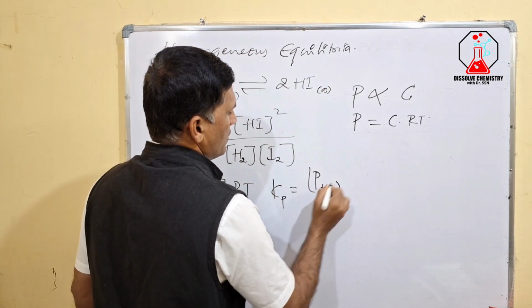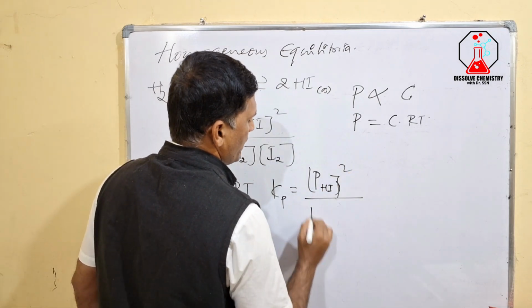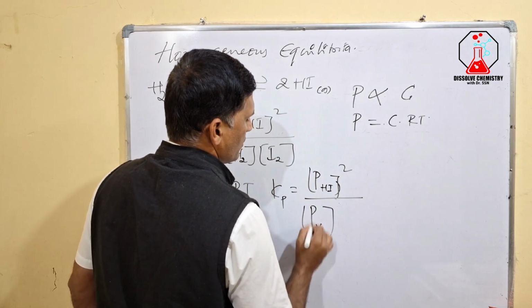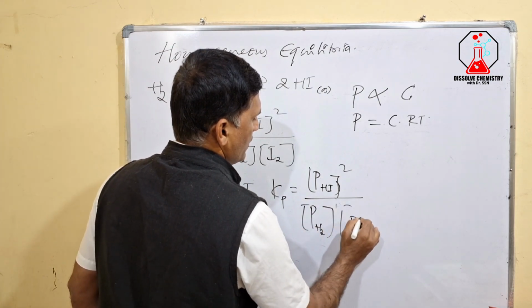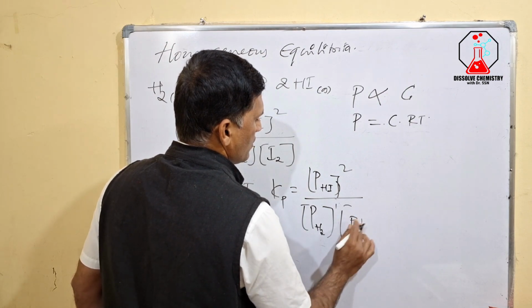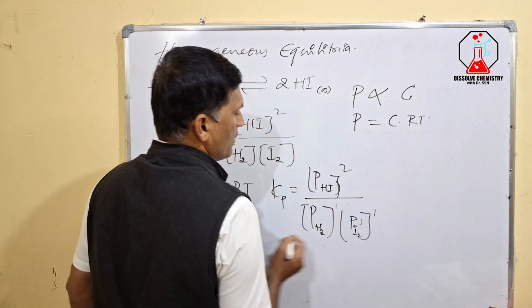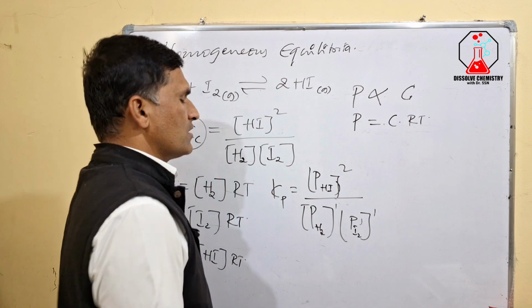PHI raised to the power 2 divided by PH2 raised to the power 1, PI2 raised to the power 1. Now you substitute the value of partial pressures.